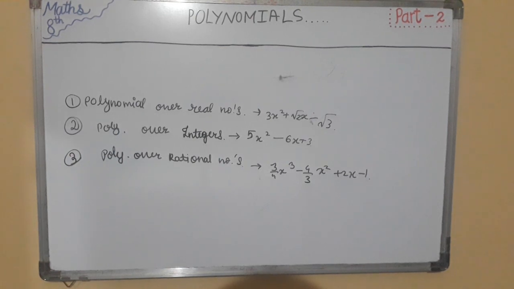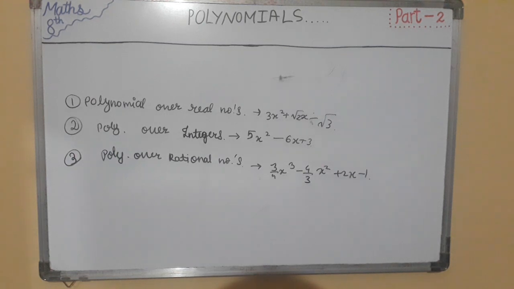These are the examples. After that we will learn the degree of polynomials, and later we'll learn types of polynomials based on the degree. So first, the degree of the polynomial.